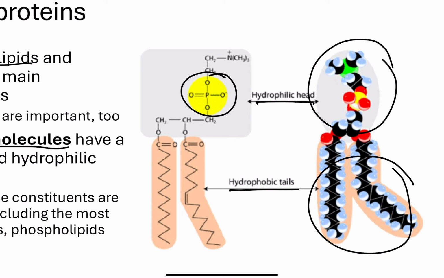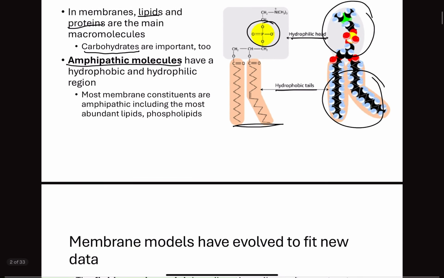Meanwhile, our tails are made up of fatty acid chains and they face inward. They don't like the water. And this amphipathicity of our phospholipids is going to allow us to form bilayers, which is a really fundamental structure of our cellular membranes.